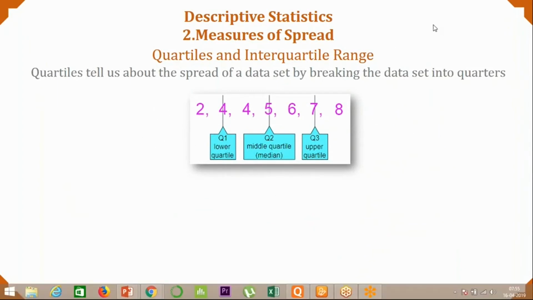This is a very simple thing you could understand. Quartiles are especially useful to measure the spread of the data when you put it in graphical form.